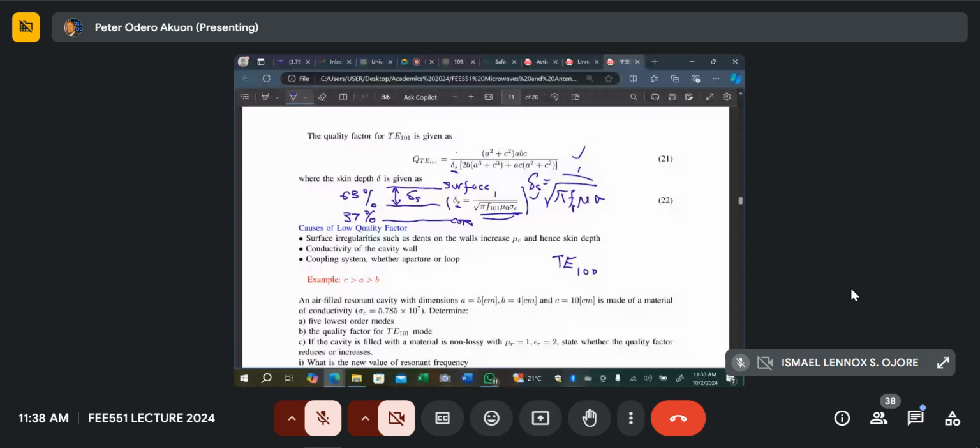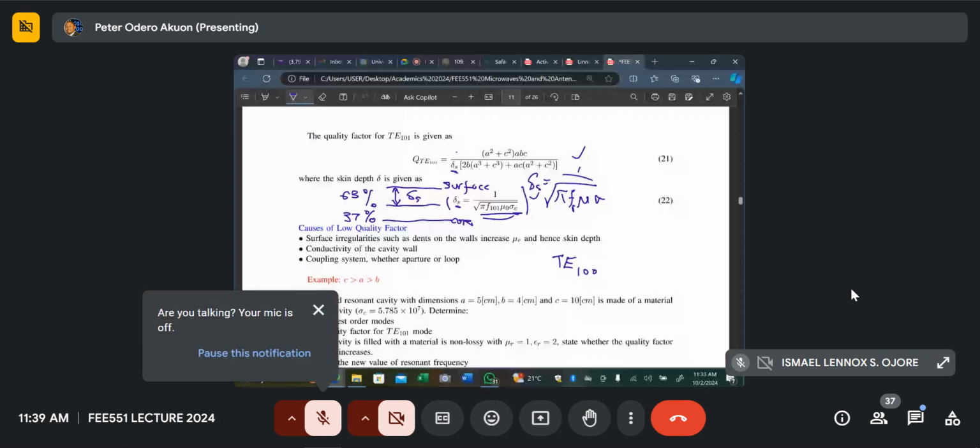So you have C over, which formula do you want to use? It depends on which one is easier for you. So you have FR equals C over 2 times the square root of M over A squared plus N over B squared plus P over C squared.